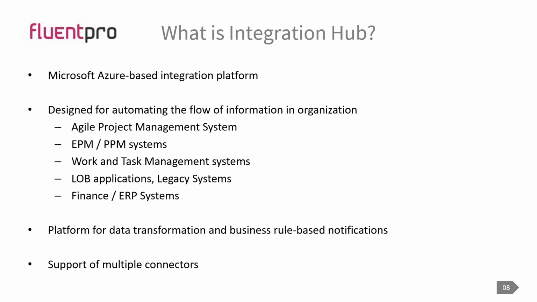So what we did is build a platform focused on connecting modern and the most popular agile project management systems with Project Online, and we support some finance applications. So by default, the focus is on PPM and project management.